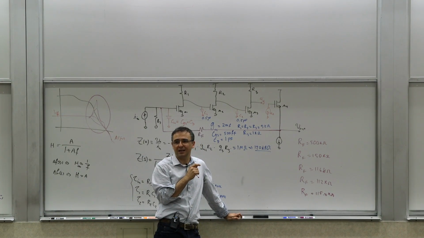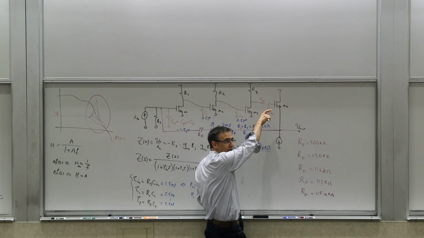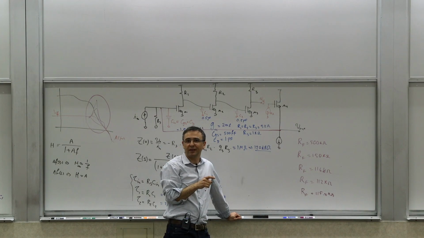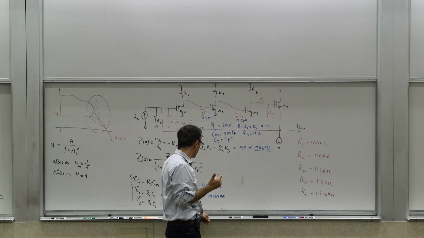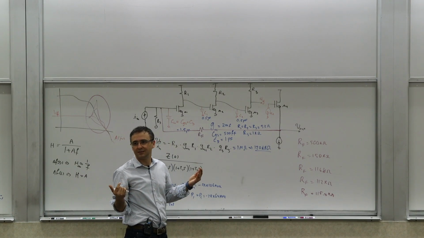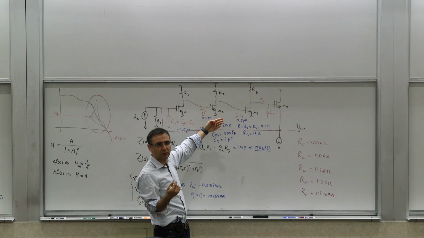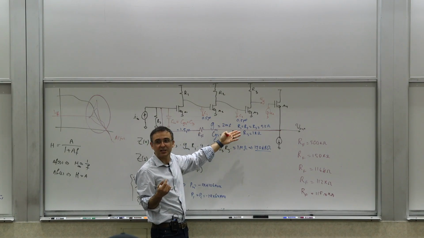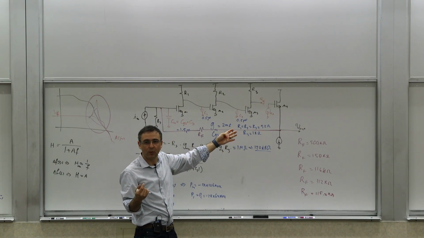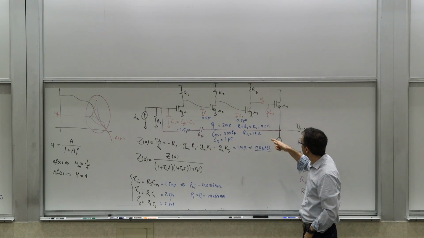Because your current loop gain here is what? Because you put a current source into this impedance, from a low frequency perspective it becomes infinity. So since your current loop gain is going to be infinity, it only is the voltage loop gain that would matter. And you don't have reverse loop gain here because you don't have any pathway for the signal to flow in the reverse direction, so that is your loop gain. So your voltage forward loop gain in this case becomes exactly your total loop gain, as we discussed before.